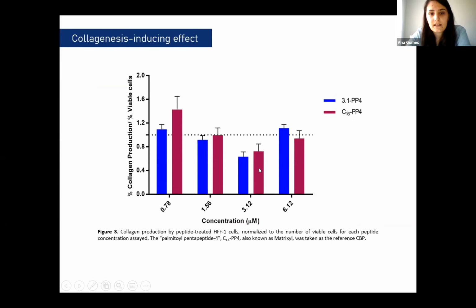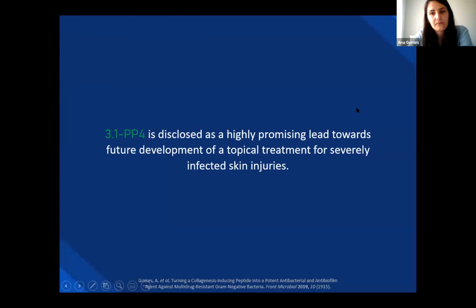And as you can see, for all concentrations, there are no significant differences between both peptides, indicating that with this modification, we are able to retain the collagenase-inducing effect of the collagen-boosting peptide while turning it into a potent antibacterial peptide against gram-negative isolates. So this chimeric peptide is disclosed as a promising lead for development of a topical treatment for skin infections.